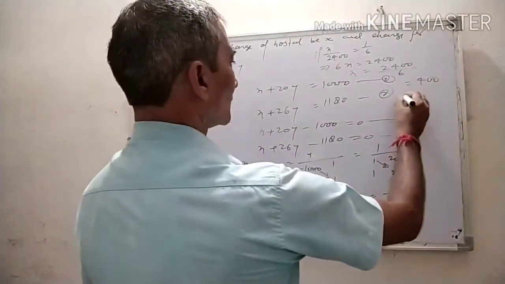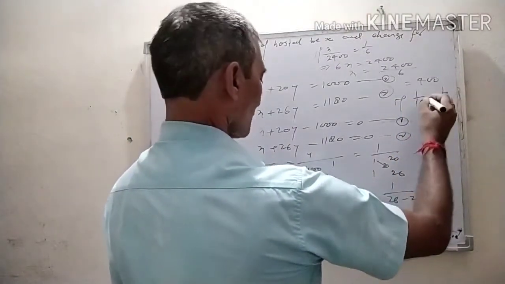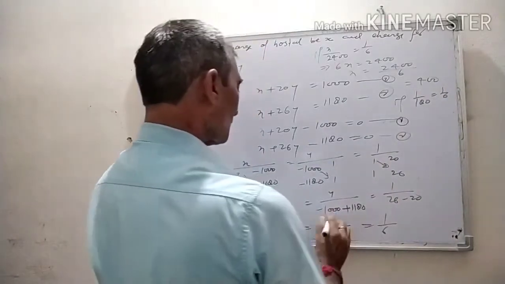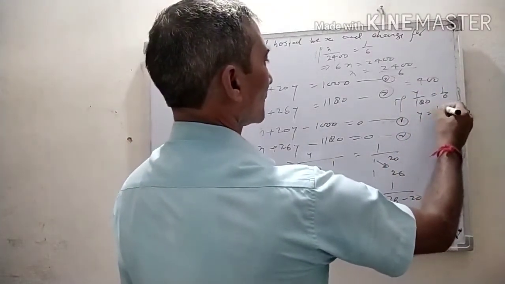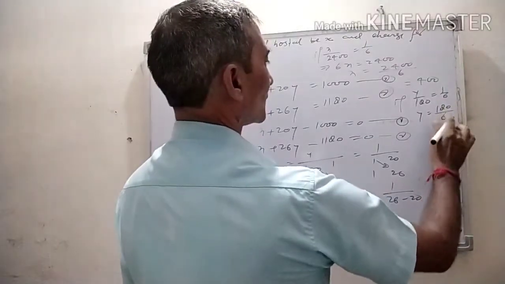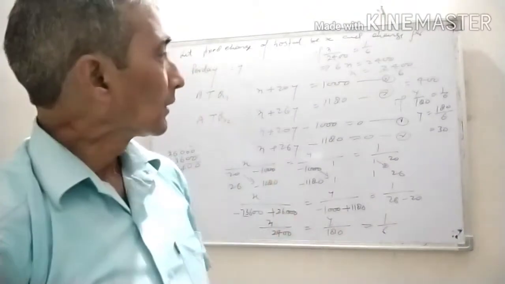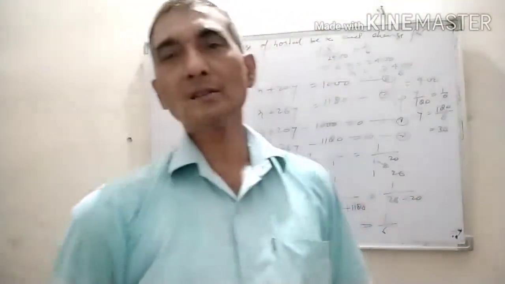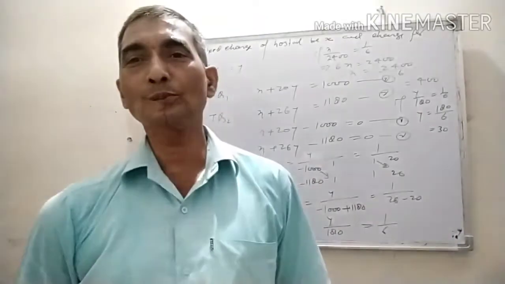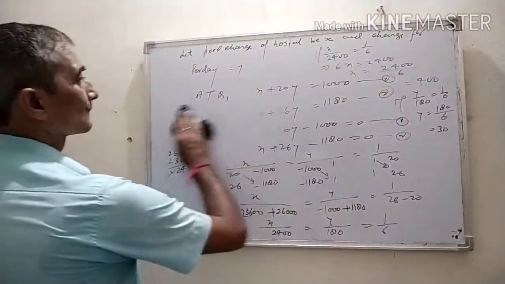And if y by 180 equal to 1 by 6, then y equal to 180 by 6, that is 30. So 400 is the fixed charge and the cost of food for 1 day equal to 30 Rs.